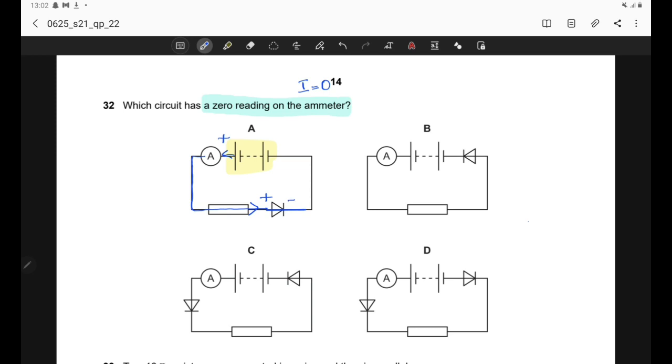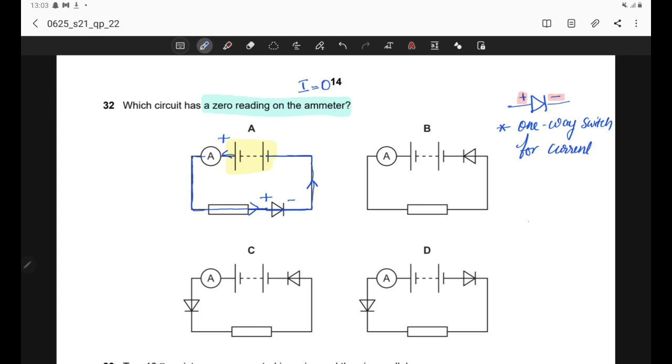So the other side is negative, so the current will pass through this diode. You should know the property of a diode. A diode has 2 sides. This side is known as positive and the other side is known as negative. And a diode acts as a one-way switch for current. So that is the property of a diode. It acts as a one-way switch for the current.